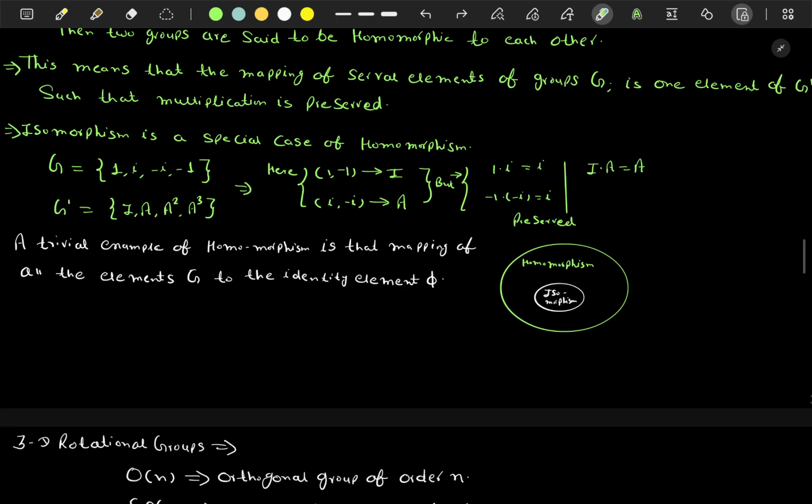Okay, so in the simplest way we can understand that mapping of all the elements of G to the identity elements of phi, if you have two groups and the elements of the main group map to the identity element of phi, then we will say it's a trivial homomorphism.